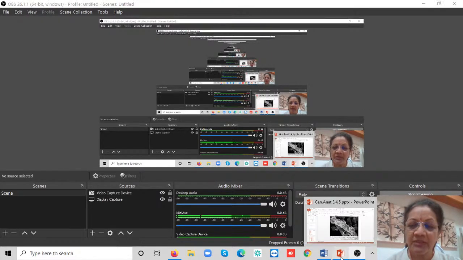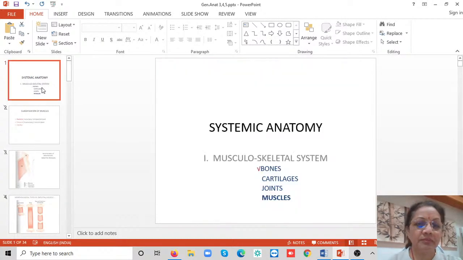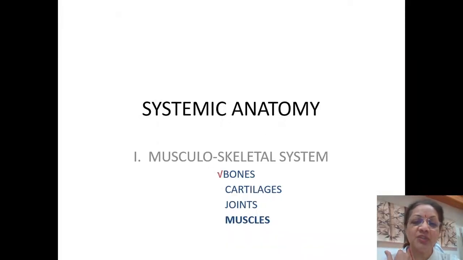Today we'll talk about the next system. This is what we finished so far. I haven't taken cartilages as a separate class, but I did mention that it is a very unique, dynamic, supple, yet protective, versatile tissue which we have divided into three types.